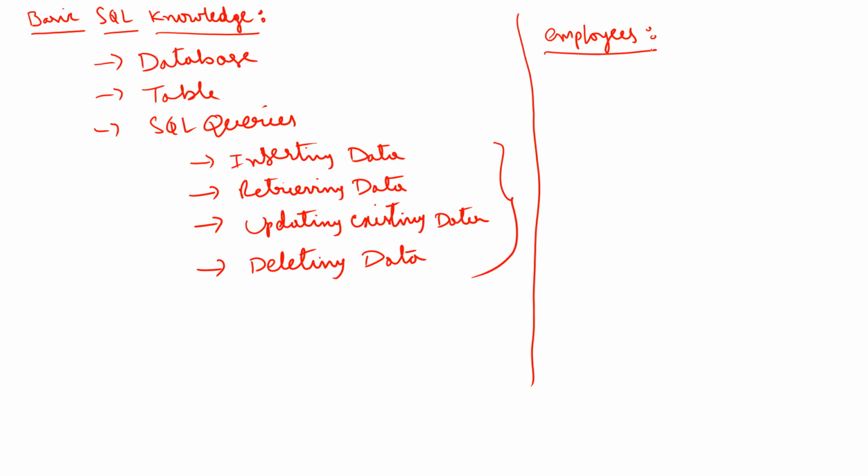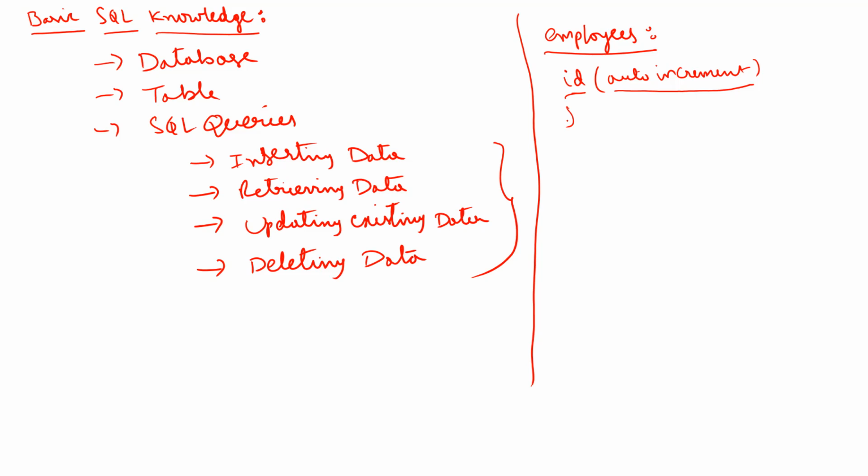This table contains the columns. One is ID, and this ID is auto increment. That means it starts with 1 and then it will increment automatically whenever we insert some data into the table, from 1 to whatever the number of rows that we add.